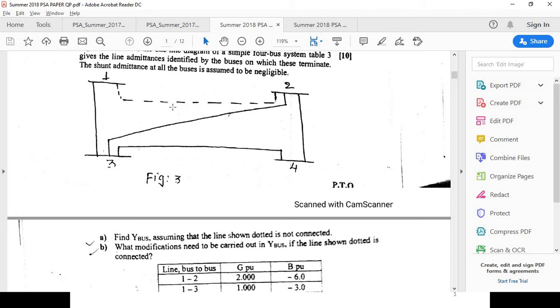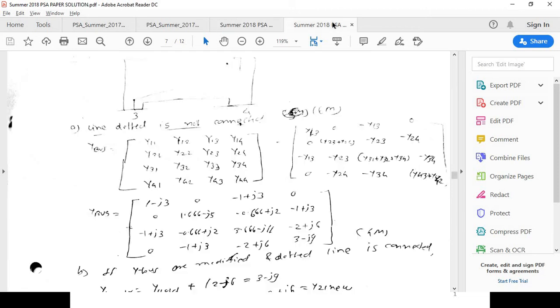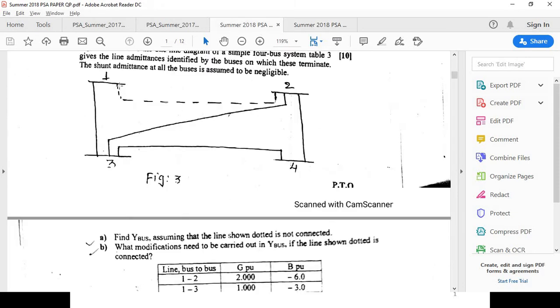So which buses are connected here? 1 and 2 are not connected. That means Y12 will be absent. Then Y13 is present. So the positive sum, that is Y11, is nothing but Y13. Then since there is no interconnection between bus number 1 and 2, and we have the idea that Yij is the off diagonal element.